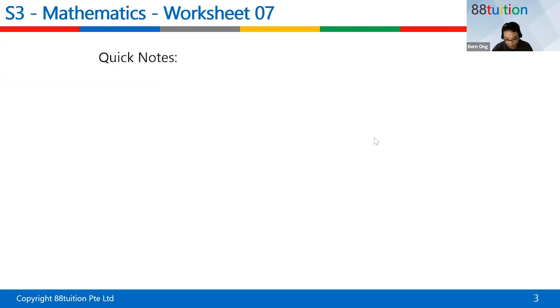Let's talk about something called the quick notes here. Something to do with standard form. All right.